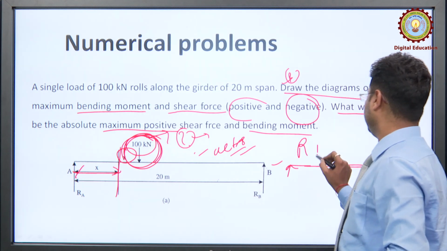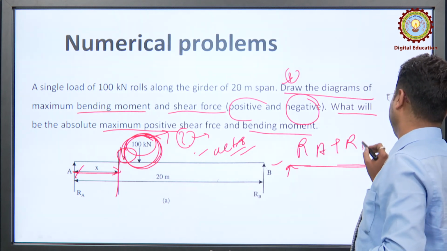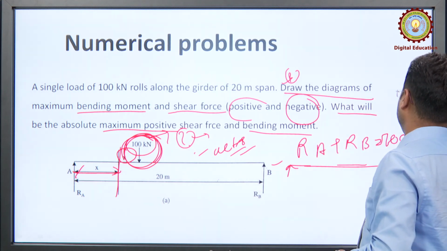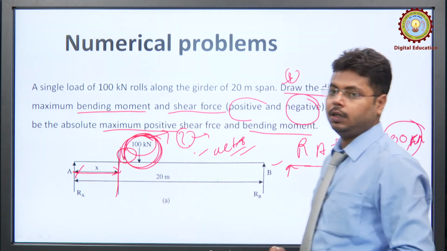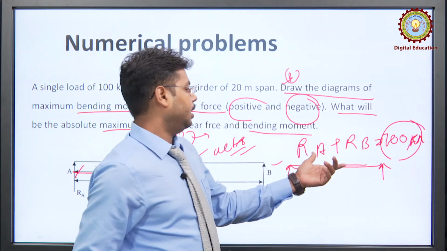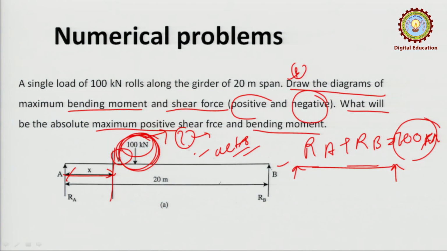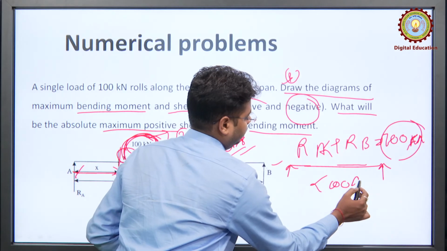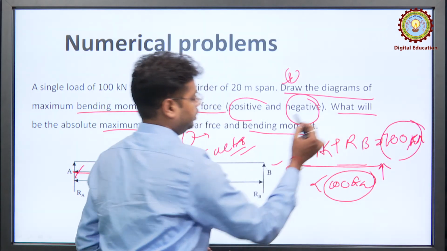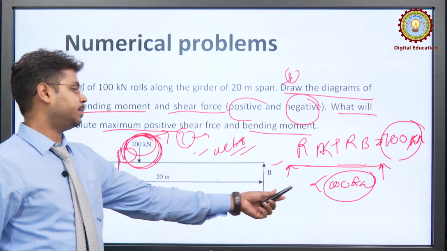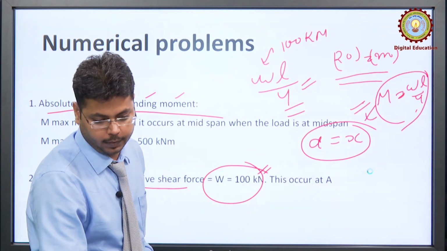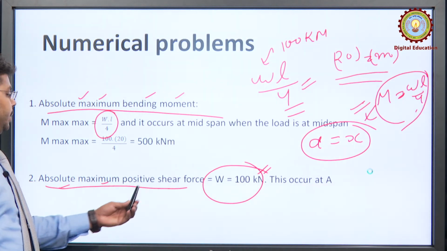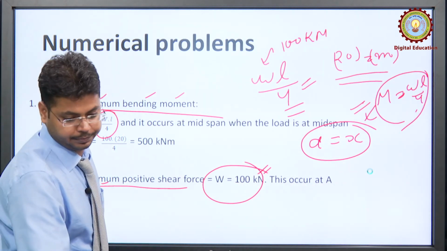When you add your reactions RA plus RB, it will come to 100 kilonewton. Neither RA nor RB will ever be more than 100 kilonewton. That means this is your absolute maximum positive shear force.